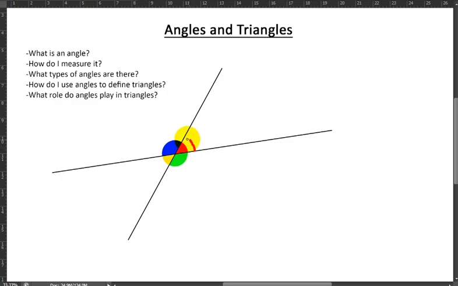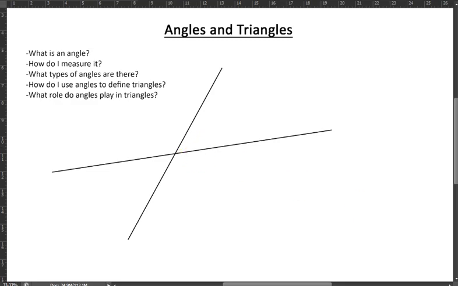Basically, how wide is this opening that has been created by these two lines? Is it really wide? Is it big? Or is it small? So you can see that the red angle is quite small compared to, for example, the blue and the green angles. And also the yellow is quite small compared to the blue and the green. So an angle shows me how big or small the opening between the two lines is.